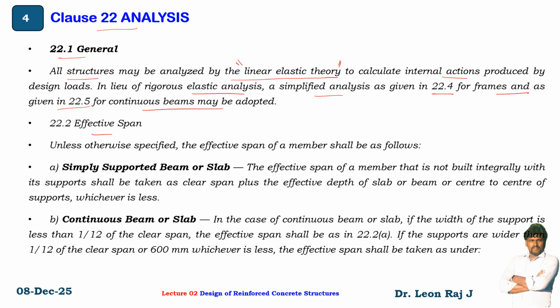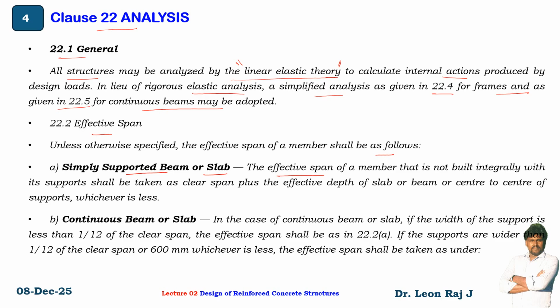Here they spoke about effective span. Unless otherwise specified, the effective span of a member shall be as follows. This is the condition of a simply supported beam or slab. The effective span means the distance between two supports.